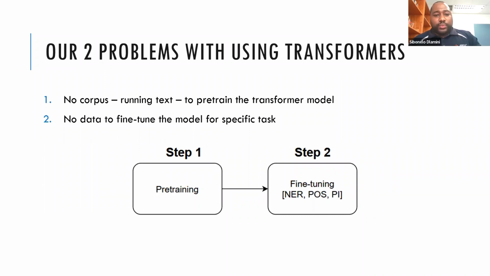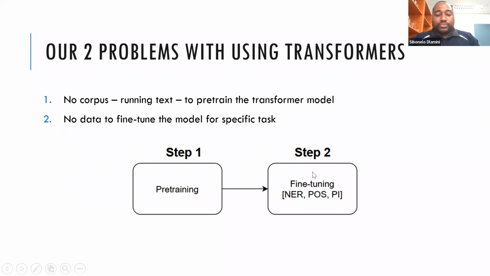There are two fundamental problems that are linked to the two steps that I talked about before that have to be implemented when using these transformer models. The first one, for step number one, is that we need to pre-train the transformer model on a corpus of text. And a lot of our official languages just do not have a lot of text in terms of their corpora. So that's the first problem.